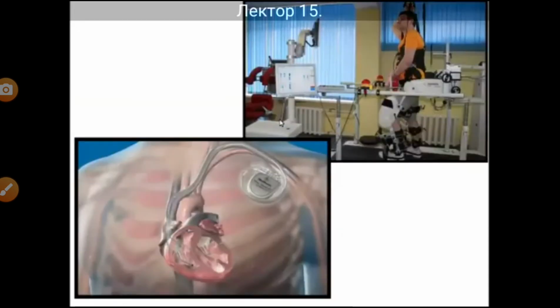Next slide. Look at the screen. This diagram is about the use of electric stimulation in medicine. Attention, look at this diagram.